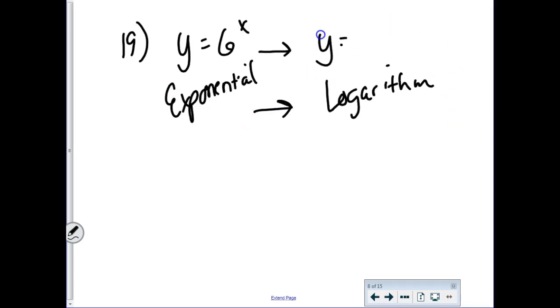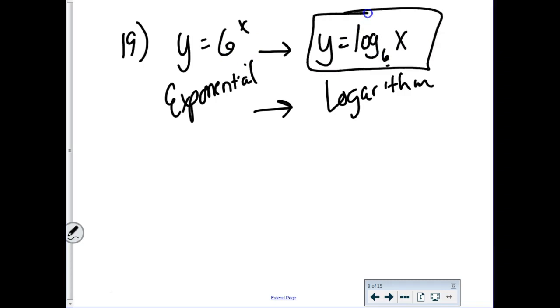So if I'm trying to find an inverse to a base 6 exponential, that means its inverse would be a base 6 logarithm. That's all I need you to do on that question, is to understand that the inverse to an exponential function is a logarithm which has the same base.